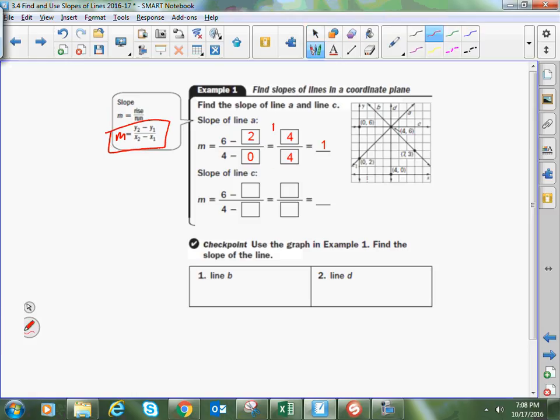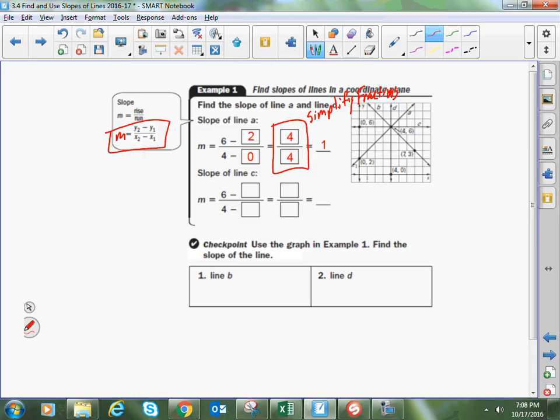Now, just as a quick aside, this is something I take for granted. If you have a fraction that you can simplify, you must simplify your fractions, okay? This is just something I seem to take for granted as a teacher.